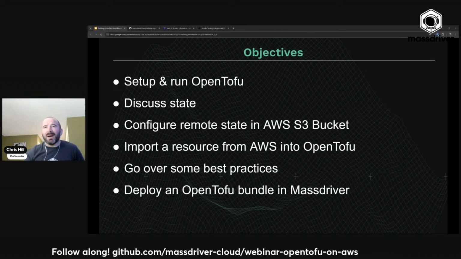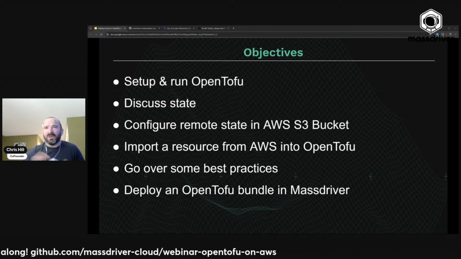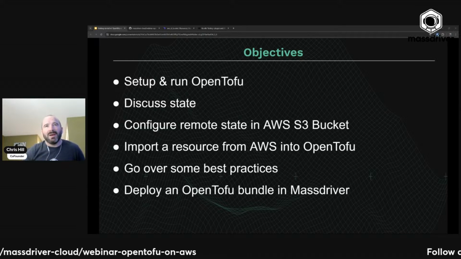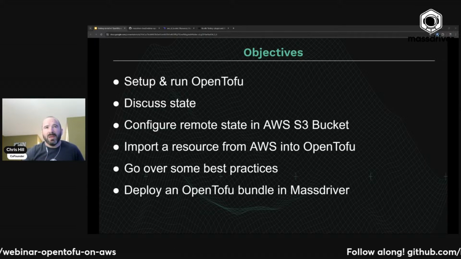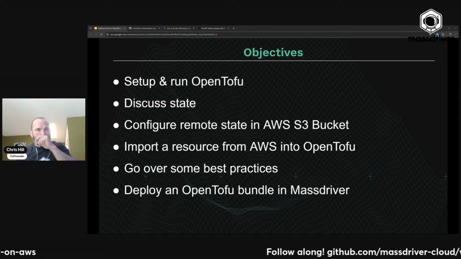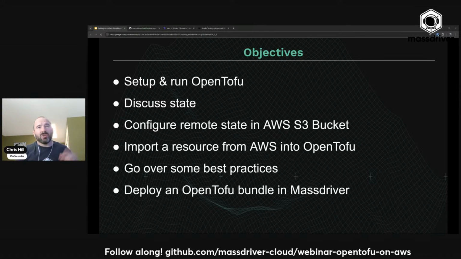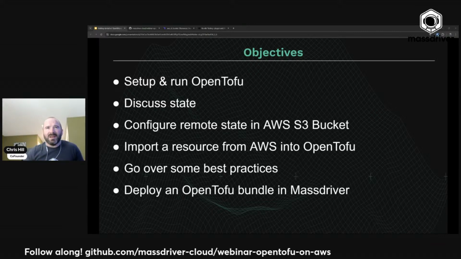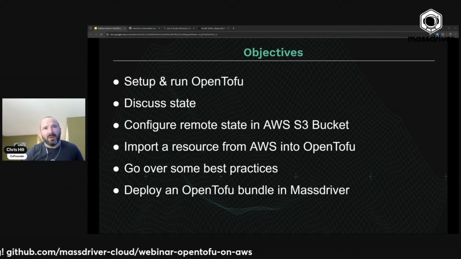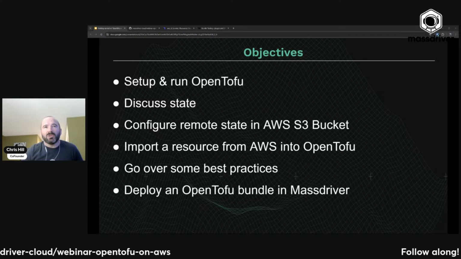We'll go over some very high-level best practices for building and running OpenTofu. But if you check out that repo, we have a much larger and fairly detailed list about how to manage, run, and design OpenTofu. So check that out if you're looking for best practices.